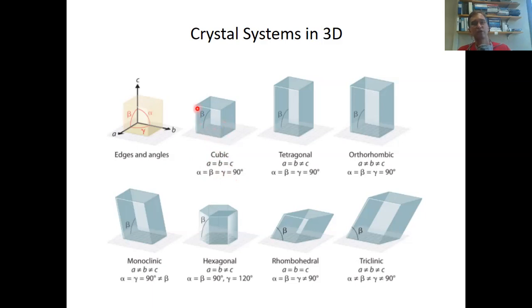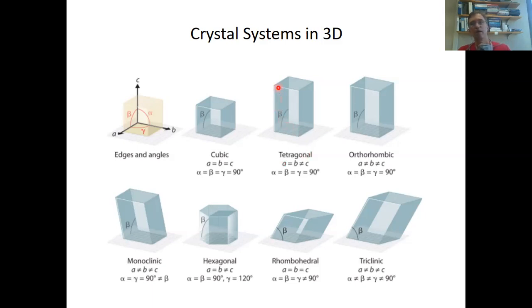So that defines a cube as the unit cell of our cubic crystal system. When we lower the symmetry and make C unequal to A and B, but still leave A equal to B and the angles to be 90 degrees, then we have the so-called tetragonal crystal system.